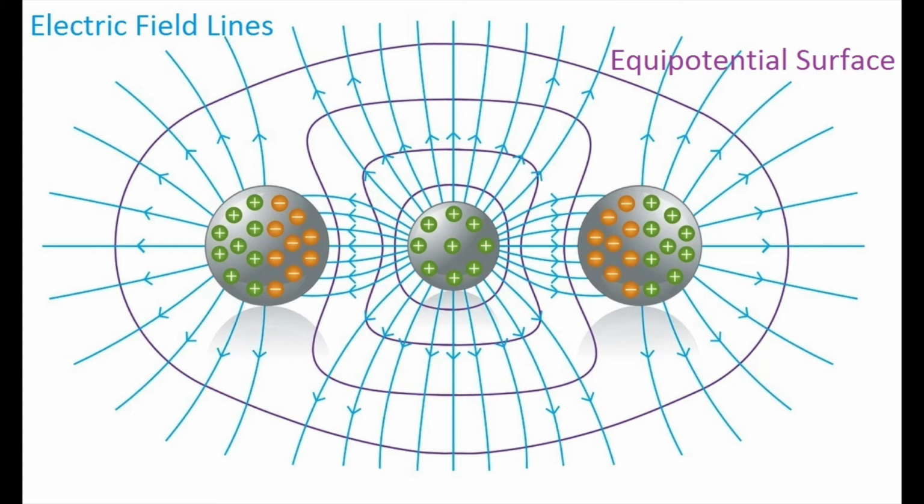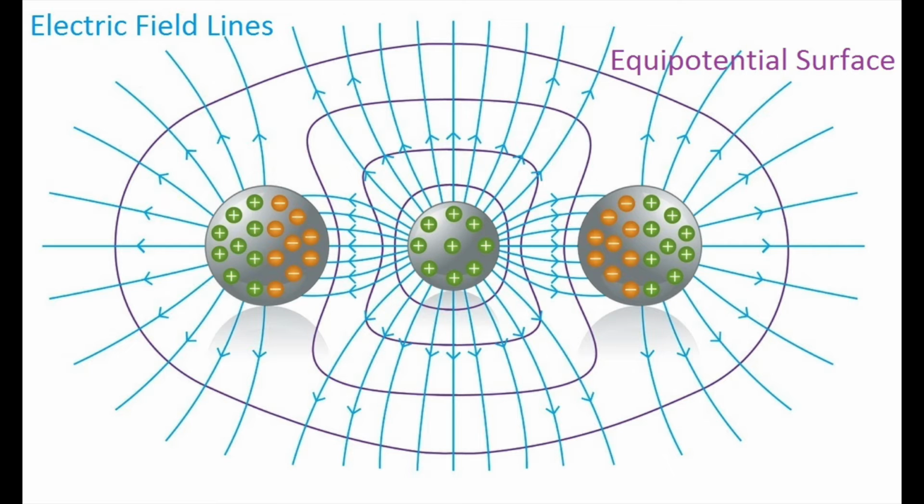We can also say this as: any surface with the same electrical potential at every point is termed an equipotential surface. So we have equipotential points as our next subtopic. If the points in an electric field are all at the same electric potential, they are known as equipotential points.